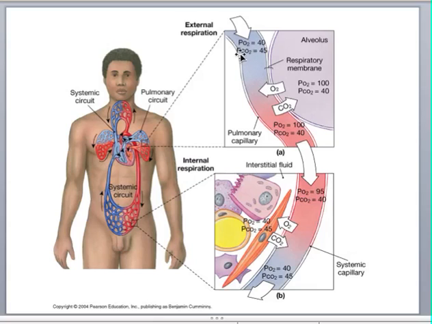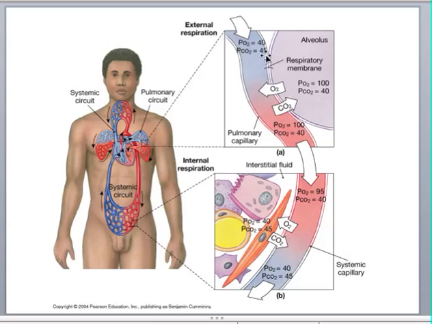And at the same time, we see what the PCO2 is of this blood that's coming from the tissues. It's been sent to the lungs to pick up oxygen, get rid of CO2. PCO2 is 45 here, but the PCO2 in the alveolus is 40. So which way is CO2 going to go?